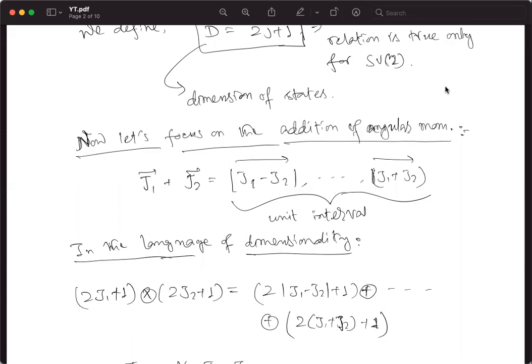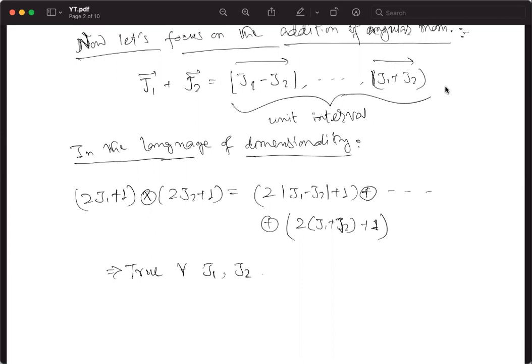In the language of dimensionality, the J1 angular momentum states are 2J1 plus 1 dimensional, and J2 is also 2J2 plus 1 dimensional. So we have two spaces of dimensionality 2J1 plus 1 and 2J2 plus 1, and you are taking a tensor product, or the outer product. From there we get these states, and they are written in a block diagram form of that matrix, which are individually of dimension 2|J1 minus J2| plus 1 and so on.